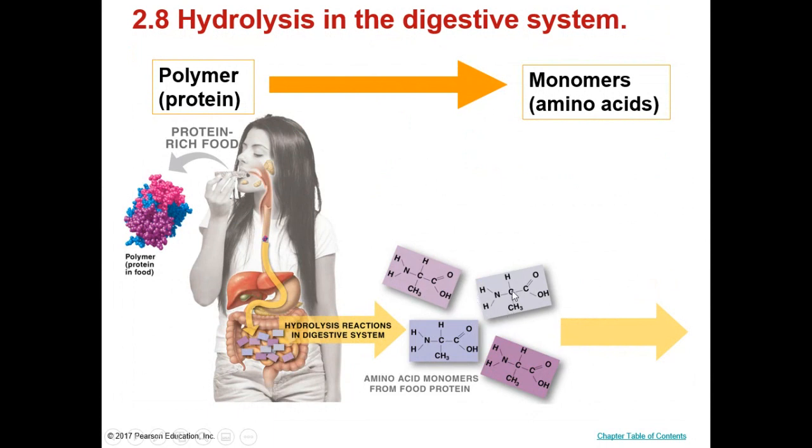Each individual molecule here is known as a monomer, whereas the whole thing put together is known as a polymer. Proteins are polymers because they're made up of hundreds of amino acid subunits. But nucleic acids are also polymers because they're made up of hundreds of nucleotide molecules put together. Carbohydrates can also be polymers and so on.